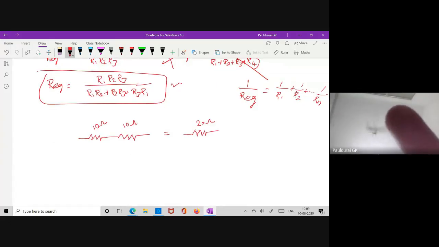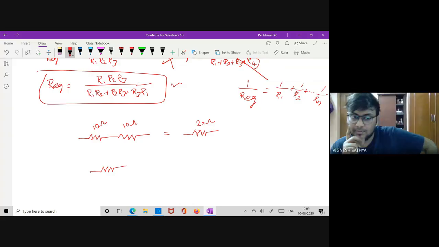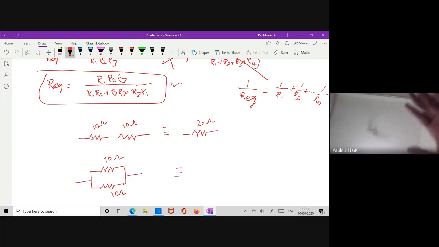Yeah, very good. I am going to connect the same two in parallel. Now what will happen? If you connect two equal resistances in series, what will happen?